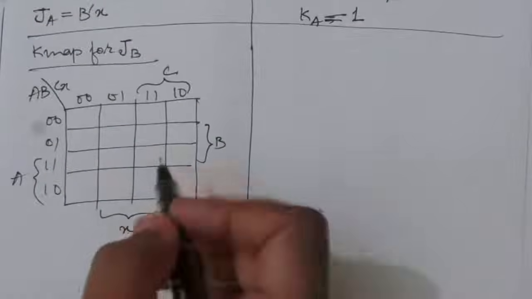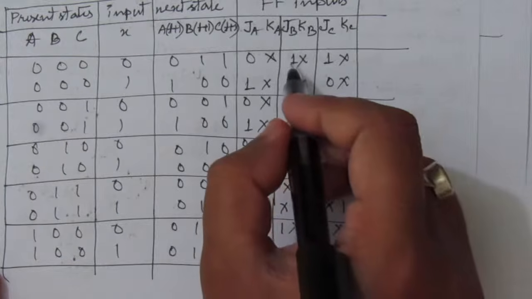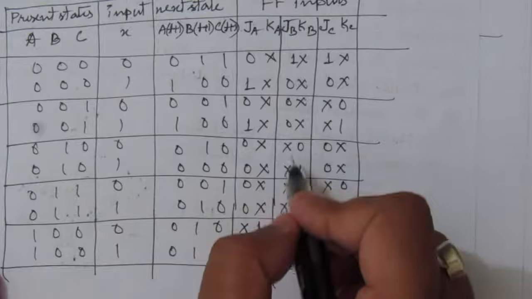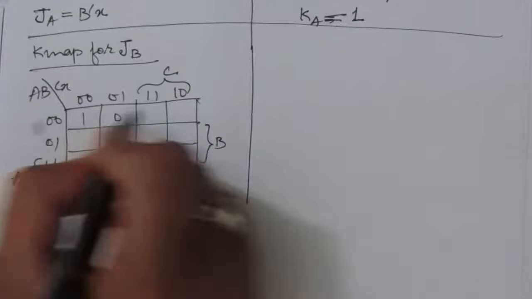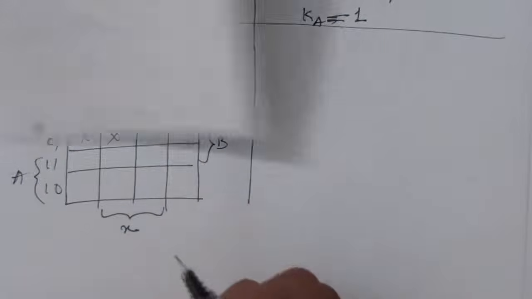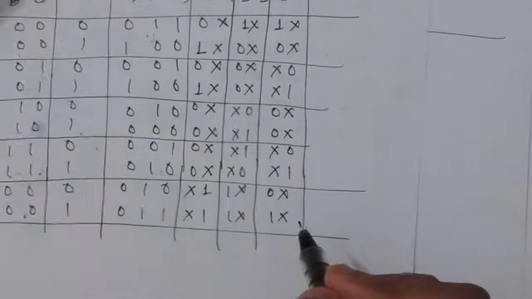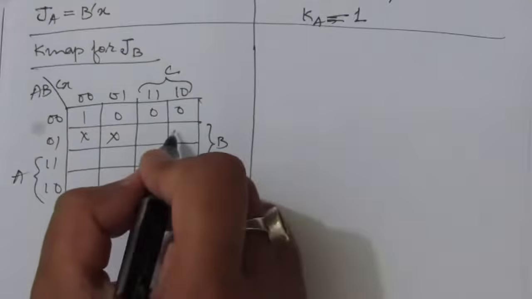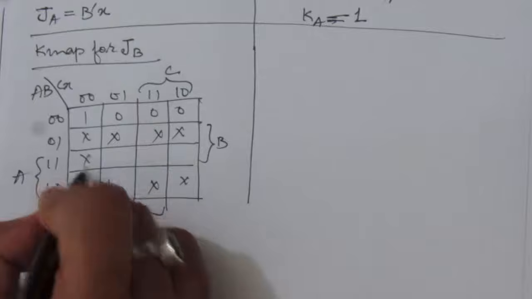Now we have to put the values of JB. So for JB we have 1 0 0 0 X X, 1 0 0 0 don't care, don't care. Then we have 1 0 0 0 don't care, don't care. Then we have don't care, don't care, 1 1. Don't care, don't care, 1 1. So these remaining are don't care conditions.